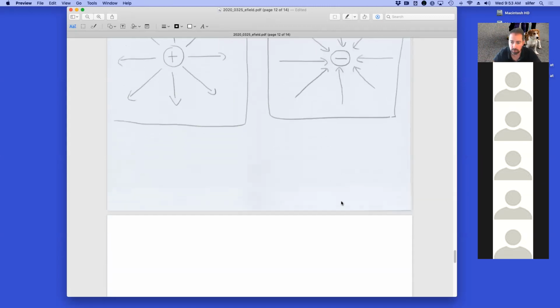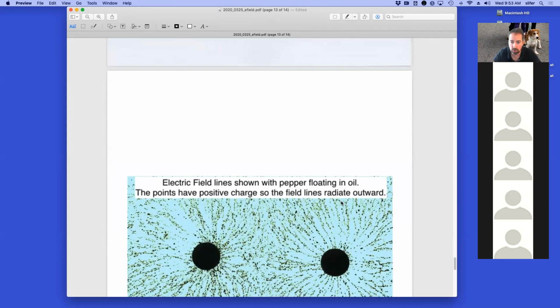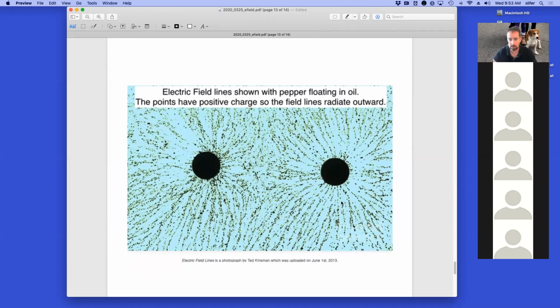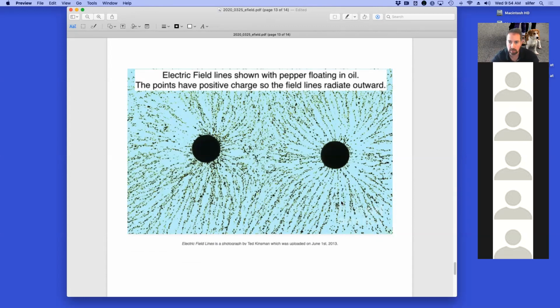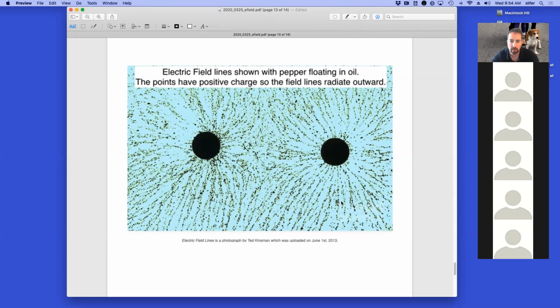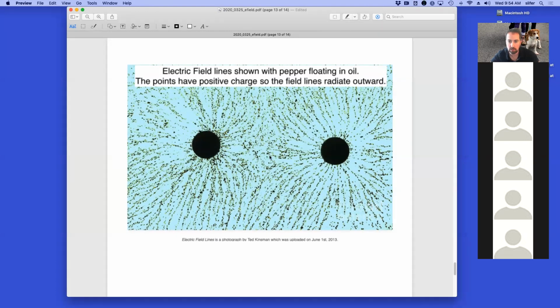And I'll open this up for questions in just a moment, but I want to show you some evidence that this is not a ridiculous idea. I don't expect you to believe it right away or to register it as deeply as possible right away. But what I have here is just a little experiment you can set up at home if you have some way of charging things. This is a thin pan of oil with pepper just sprinkled on the surface of it.